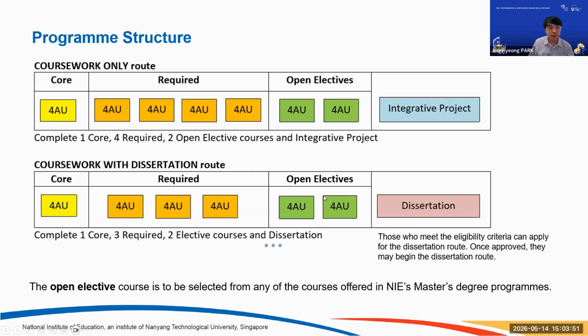Usually it happens slightly earlier than the middle of the course completion. Open electives are usually offered by other NIE master's degree programs, so you can also have a chance to learn from other departments' perspectives.